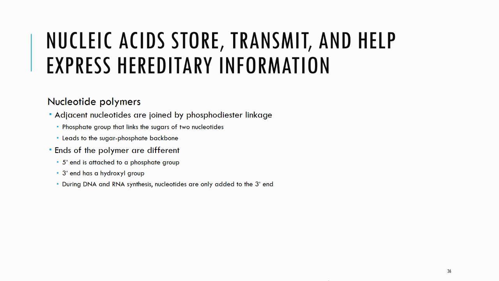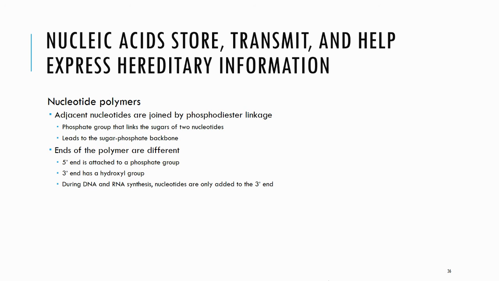Adjacent nucleotides are joined by a phosphodiester linkage, which is once again a type of dehydration synthesis, and the phosphate group that links the sugars between the two nucleotides leads to the sugar phosphate backbone that we see with DNA, not with RNA because it is only single-stranded. The ends of the polymer are different.